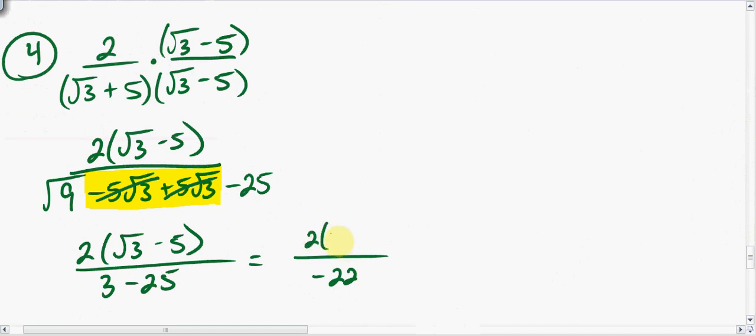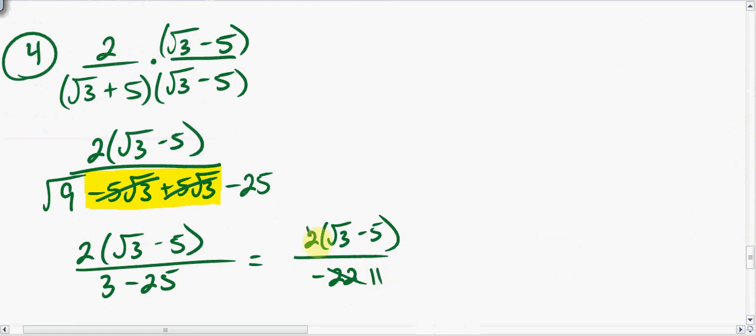And I've got 2 times the quantity, the square root of 3 minus 5. And notice I did not distribute in the 2 yet, so I can simply see if I can cancel anything here. And it looks like 2 can go into 22 11 times, so I'm going to have an 11 in the denominator here.